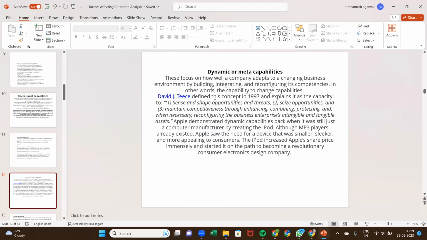Then David J. Teece defined this concept in 1997. Capability to change the capabilities. The mindset to change the mindset.